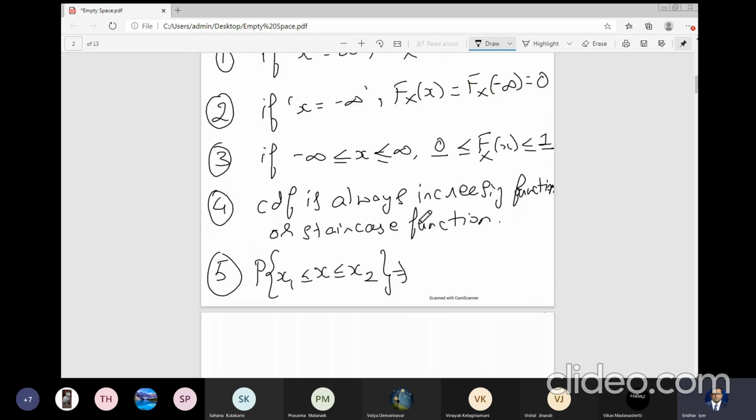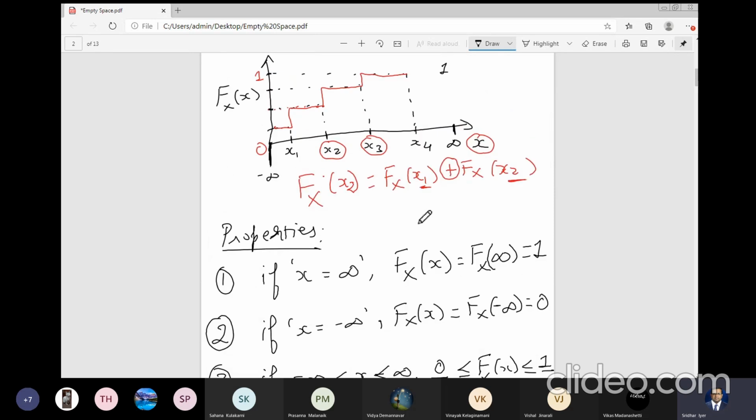If I go back to the graph, if I am lying here between x1 and x2, then what should I do? I should get the value of CDF at x2. I should get the value of CDF at x1. And since it is cumulative, if I subtract the two, I will get this probability.